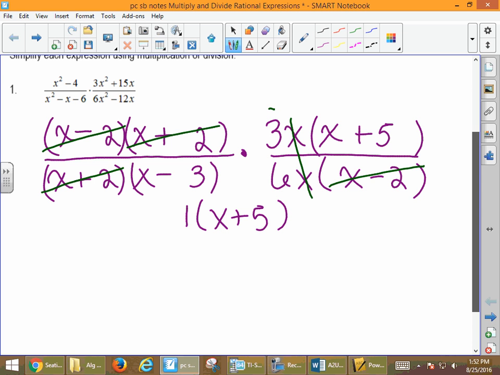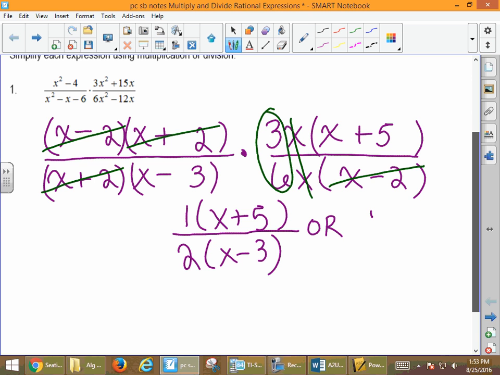Let me circle this to show that we've got that. And then 3/6 is 1/2. We still have this x minus 3 there. And no, you don't have to write the 1. And we can leave it like that.